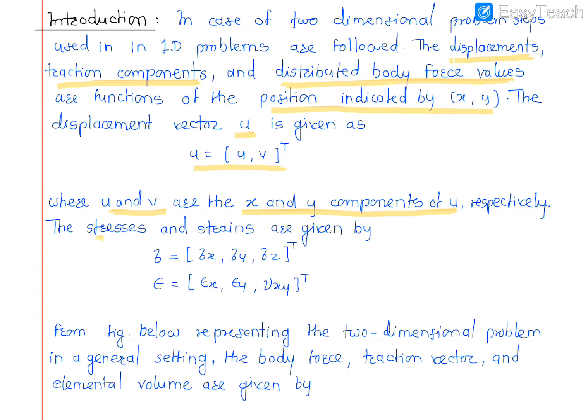Similarly, stresses and strains are given by sigma equal to (sigma x, sigma y, tau xy) transpose, and epsilon equal to (epsilon x, epsilon y, gamma xy) transpose.